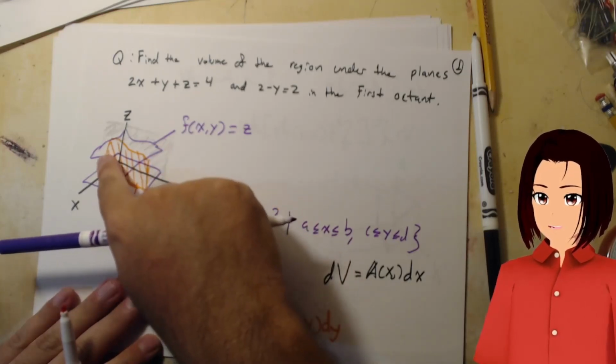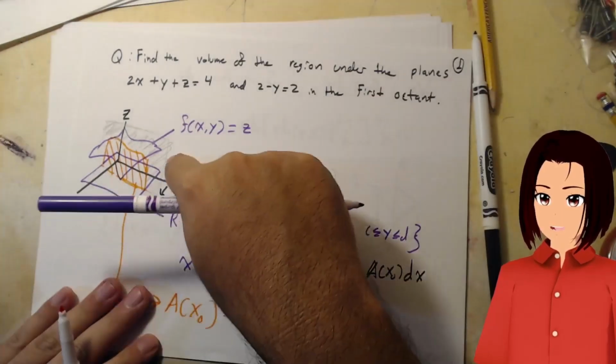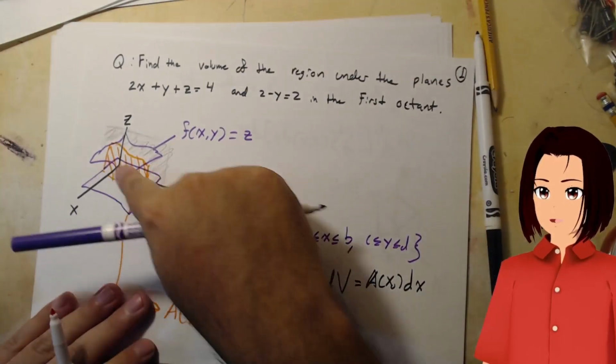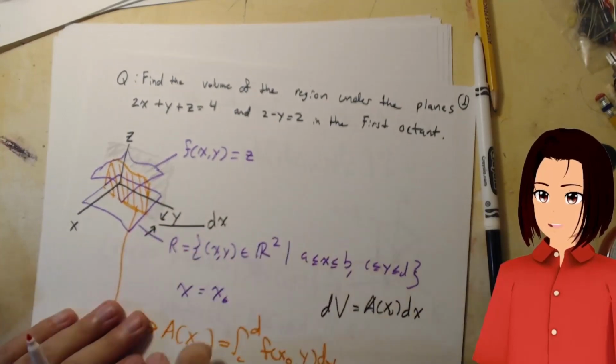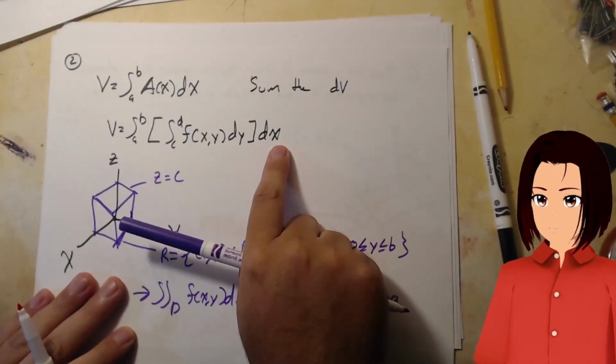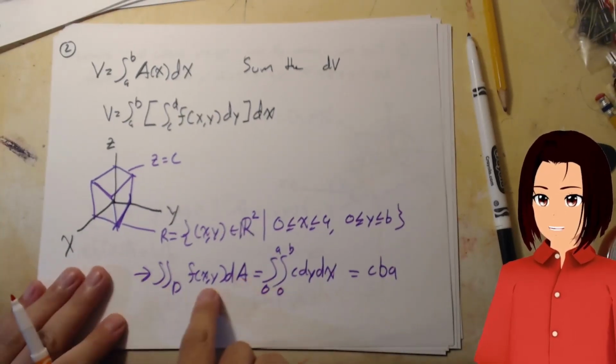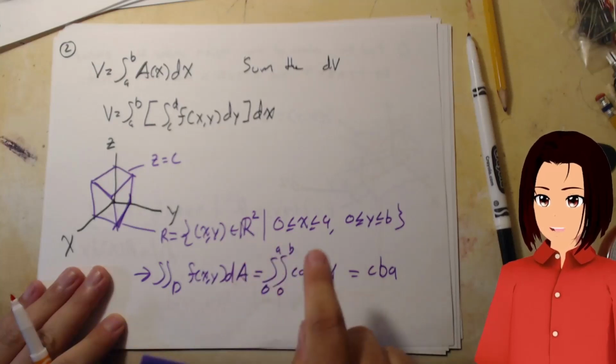We already got it across the y, from here. Now we want to get it across the x, in this direction. So we integrate across dx. That's what we did here.